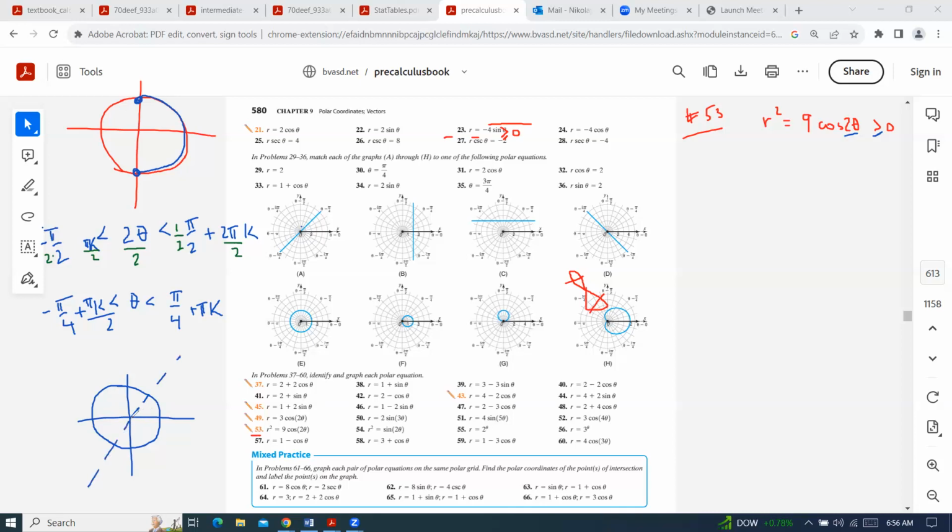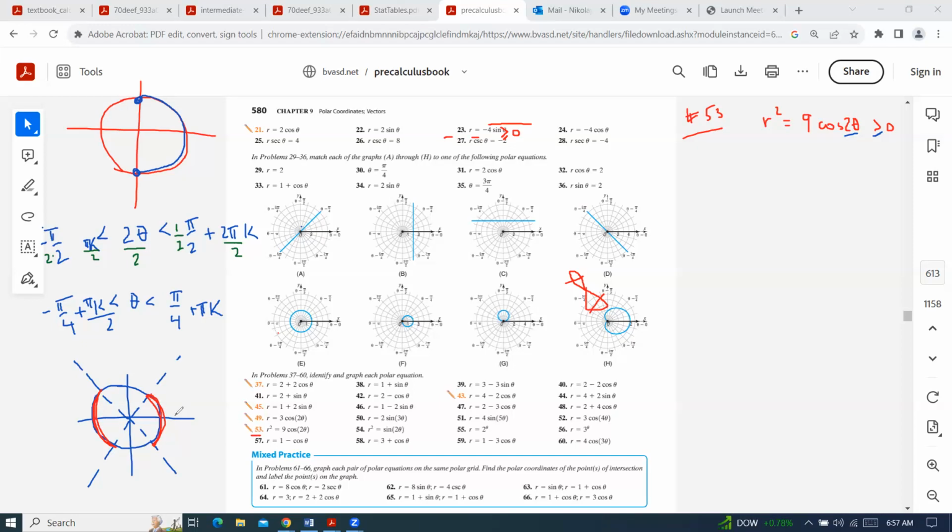And I continue with the opposite side because my period is pi, so that's a half rotation. So our angles of concern will be here, as well as there, because if you rotate by pi, which is 180 degrees, then you get this part.